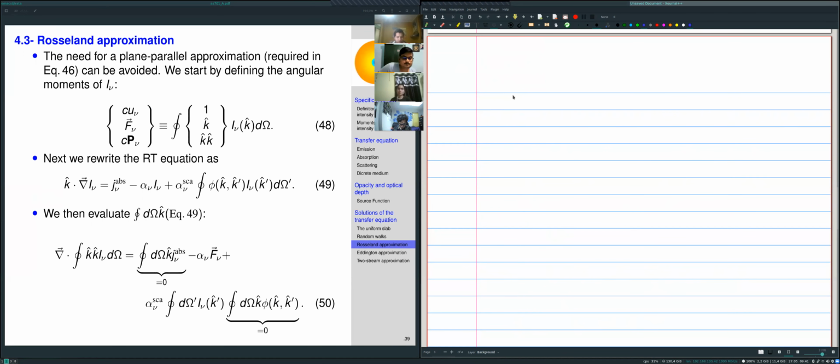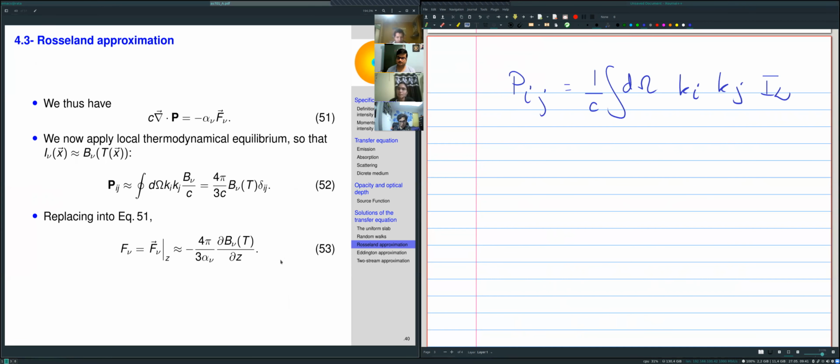So what I'm saying is that the pressure is the integral over omega of k_i times k_j times I_nu, and there's a factor of c here. Okay. And so this is what we're doing. The factor c is here. I've replaced I with the Planck function.